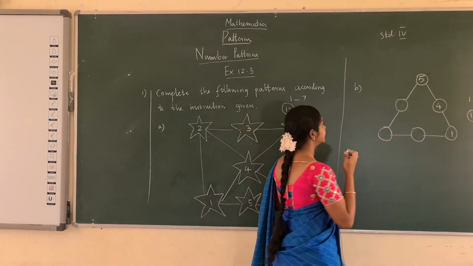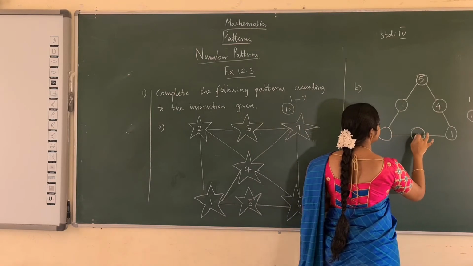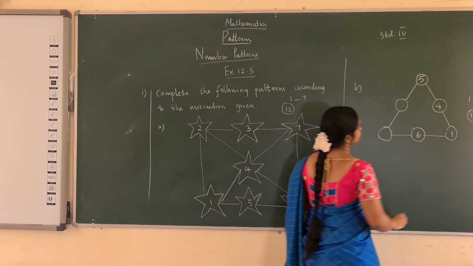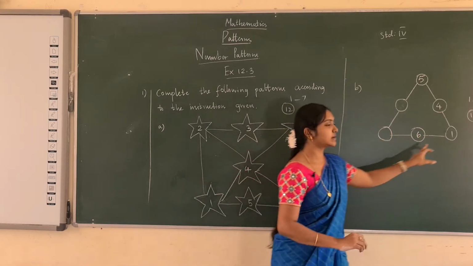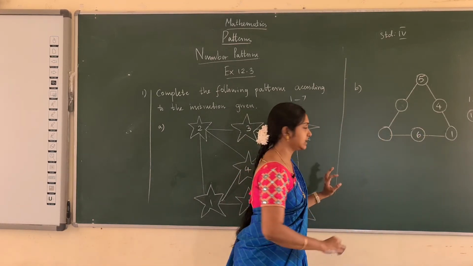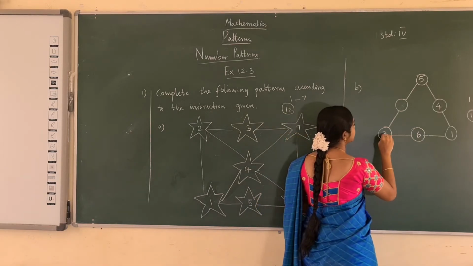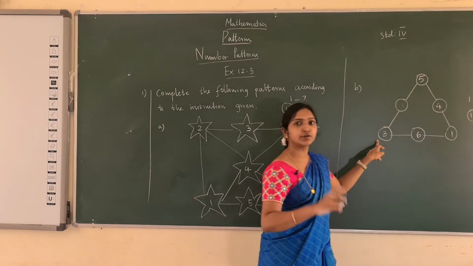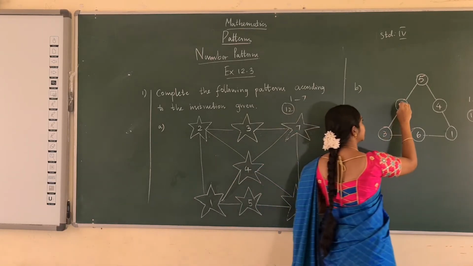Here it can be, let us write 6 here. 6 plus 1 is 7. So, we need remaining 3. So, let us write 3 here. 5 plus 3 is 8. So, remaining we need 2. So, write 2 here.